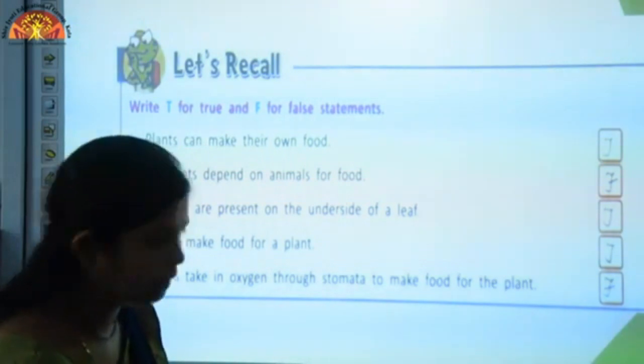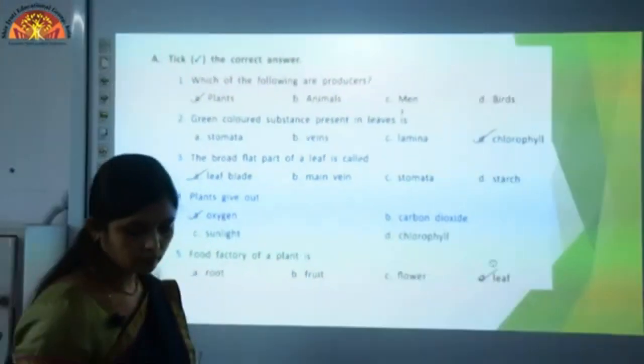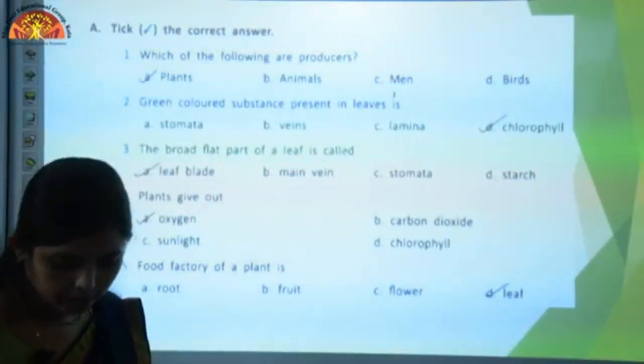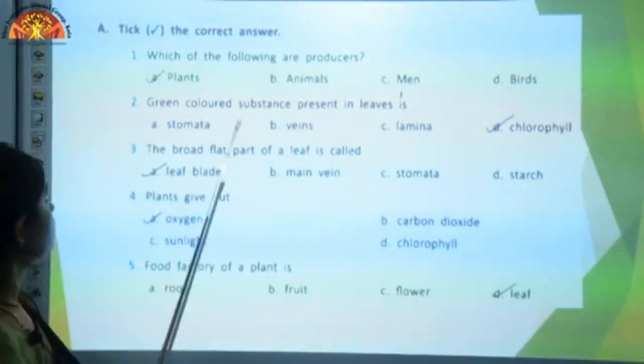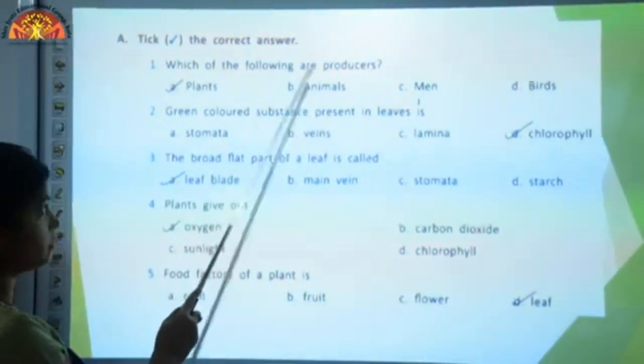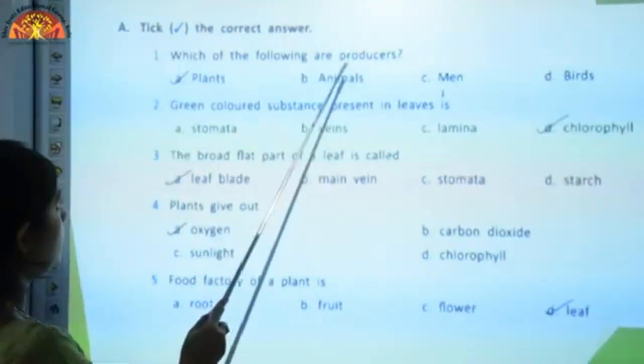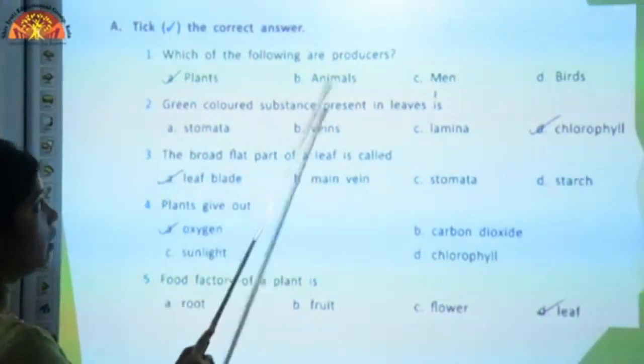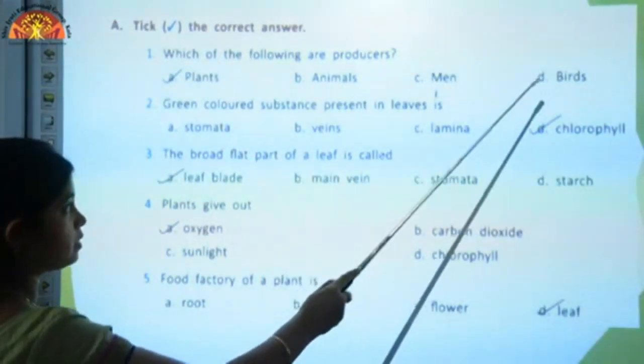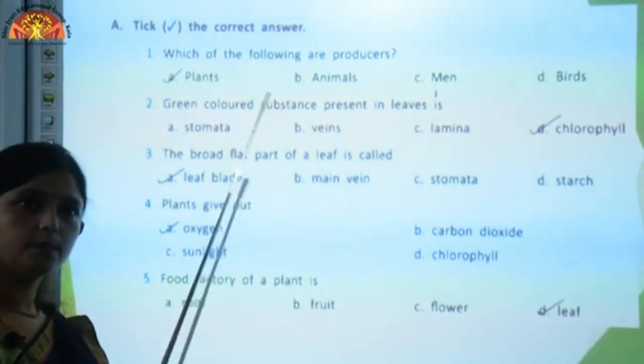Now we come to the next exercise. It's given on page number 53, exercise number A. Take the correct answers. Which of the following are producers? Plants, animals, men, birds. So here the correct answer is plants.